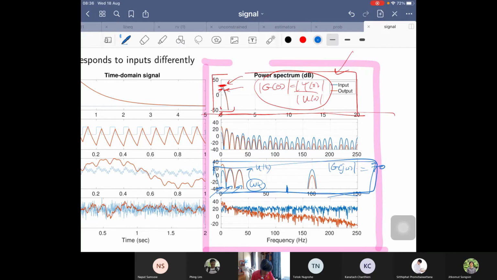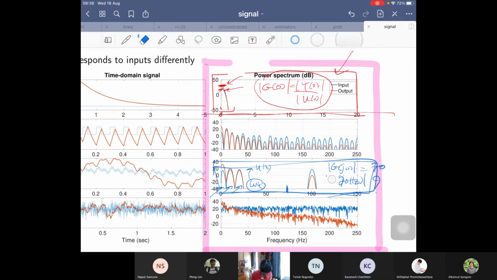Oh, I'm asking how. How can you get the gain at 70 hertz? Maybe you have to use another hertz and maybe just predict or combine something.